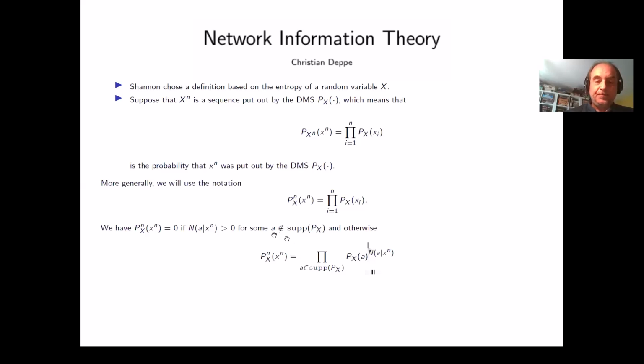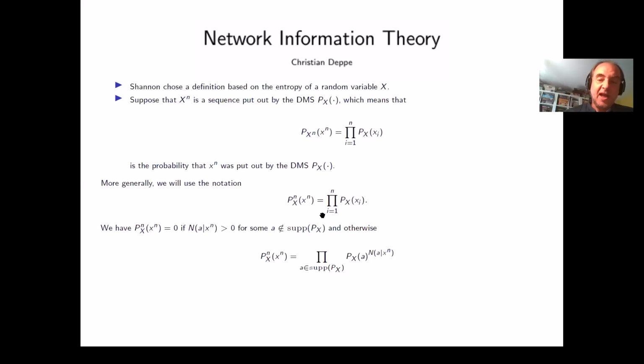At some point you have to be careful a little bit. It could be that there is perhaps one symbol at the source which has probability 0. Of course, if such a symbol appears in a sequence, then its probability is also 0, because then one of the factors is 0.